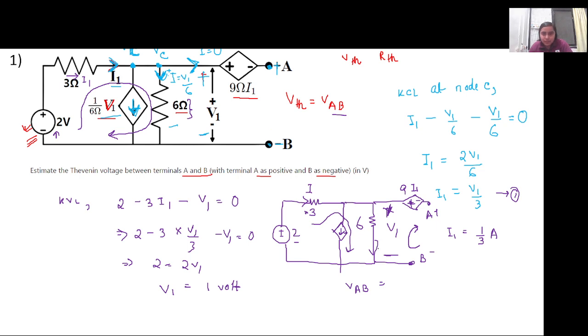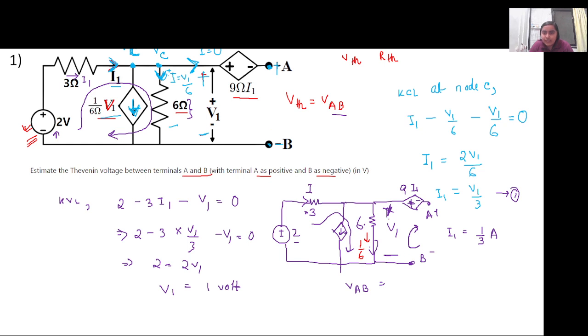The current flowing here is V1 by 6 through this 6 ohm resistance, right?